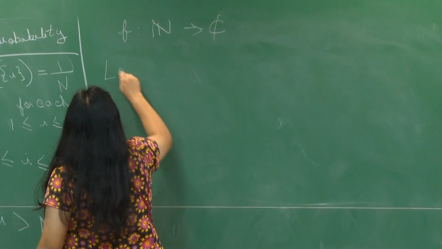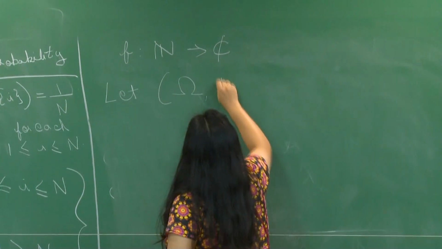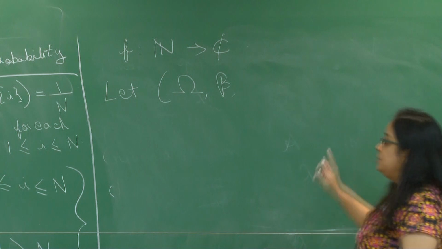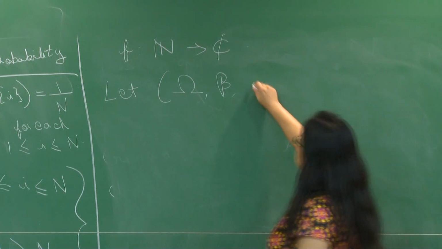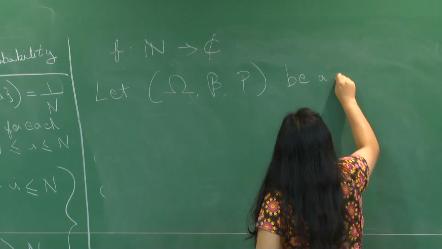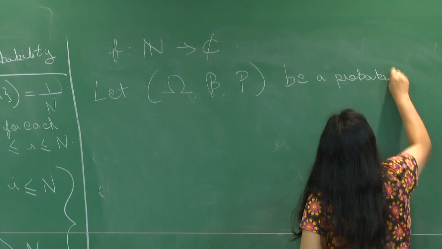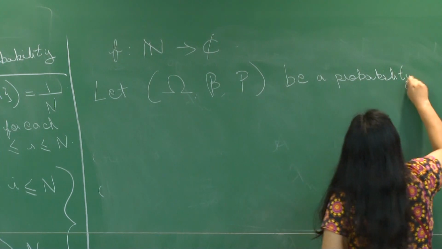Let omega be a space, a sigma algebra on omega, and P a probability, so let this be a probability space.